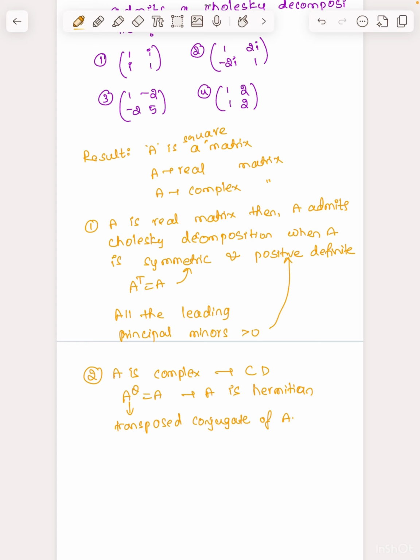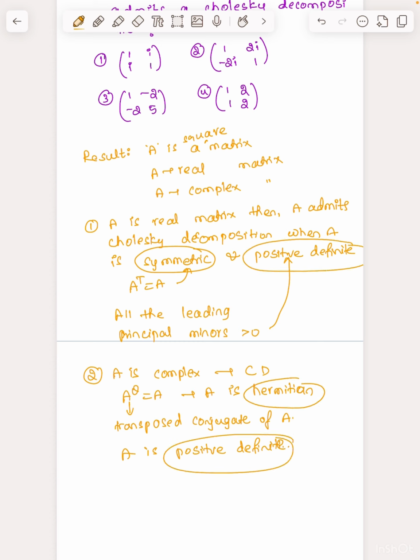That will be A theta. So if A theta is equal to A, then A is Hermitian, and second, A is positive definite. Here also all the principal minors are greater than 0. So whatever the case, if it is a real matrix, it should be symmetric and positive definite. If it is a complex matrix, then it is Hermitian and positive definite. In those cases, the matrix admits a Cholesky decomposition.